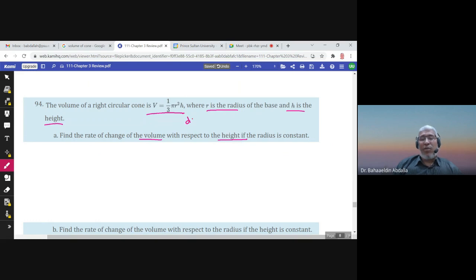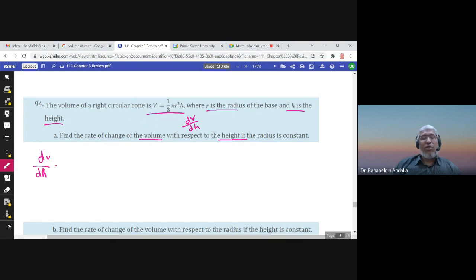So he's asking about dV by dh. Find the rate of change of the volume with respect to the height if the radius is constant. So the radius here is a constant function. So let us find dV by dh.